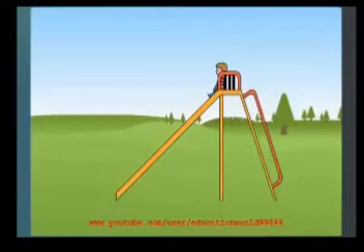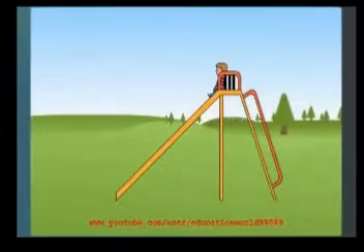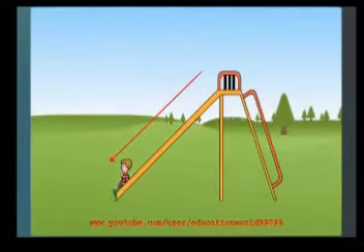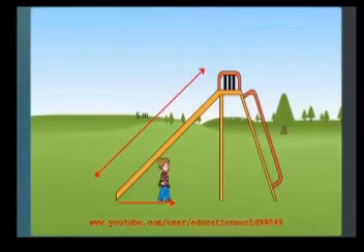Here are some visuals to show you the distance and displacement for different situations. The distance covered is indicated by a red line, while the yellow line indicates the displacement. The child comes down the slide and walks to the center of the base.